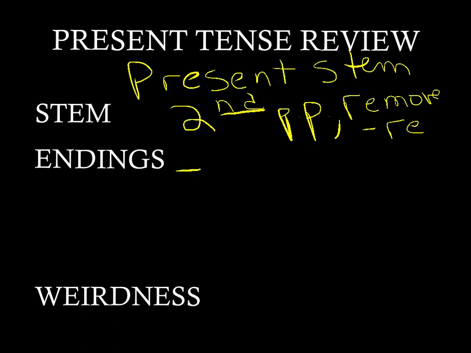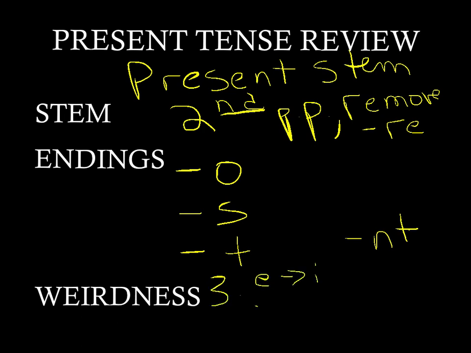The endings we know are O, S, T, NT, and then what I call the weirdness is that in the third conjugation, the E either changes to an I, or in the third person plural it changes to a U, and then in the fourth conjugation you get I-U-N-T for the form in the third person plural. So that should be pretty familiar to you.